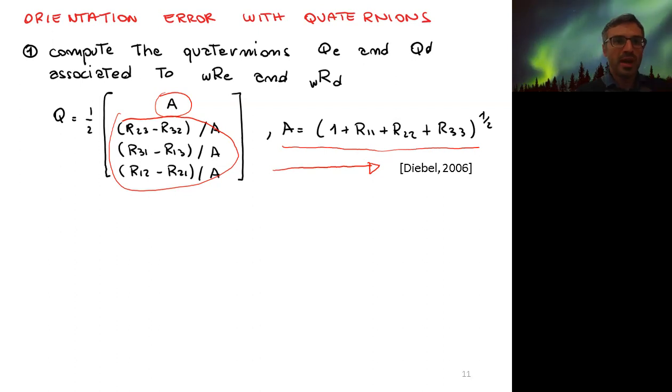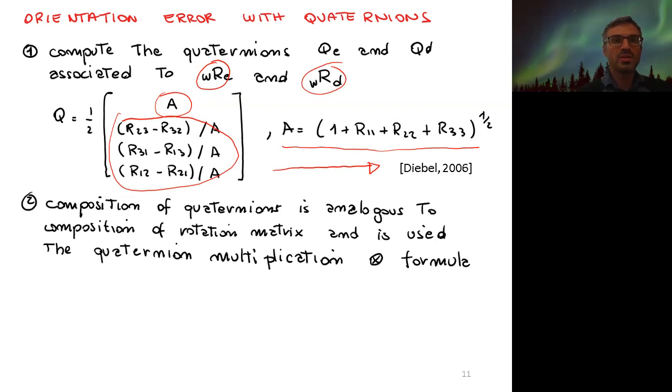So from the actual orientation and the desired orientation, we compute the two quaternions, QE and QD, and then we need to compute the composition to get the quaternion error, in a similar way as we did for the rotation matrix. Quaternions compose the same way as rotation matrices, from left to right, and the formula used is the one for quaternion multiplication, represented with this symbol here.